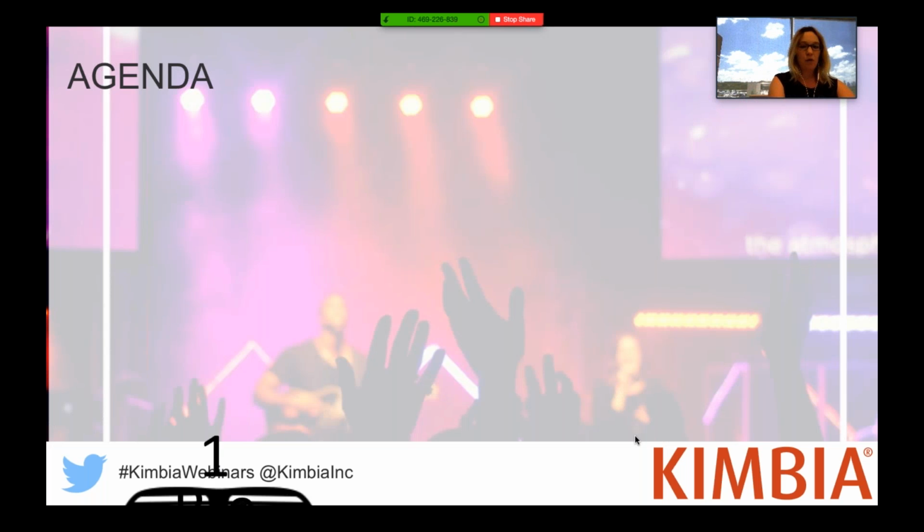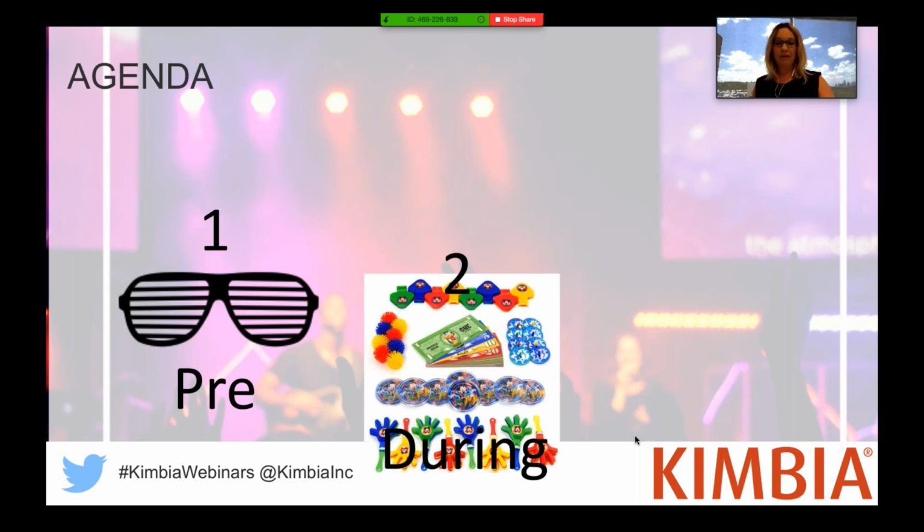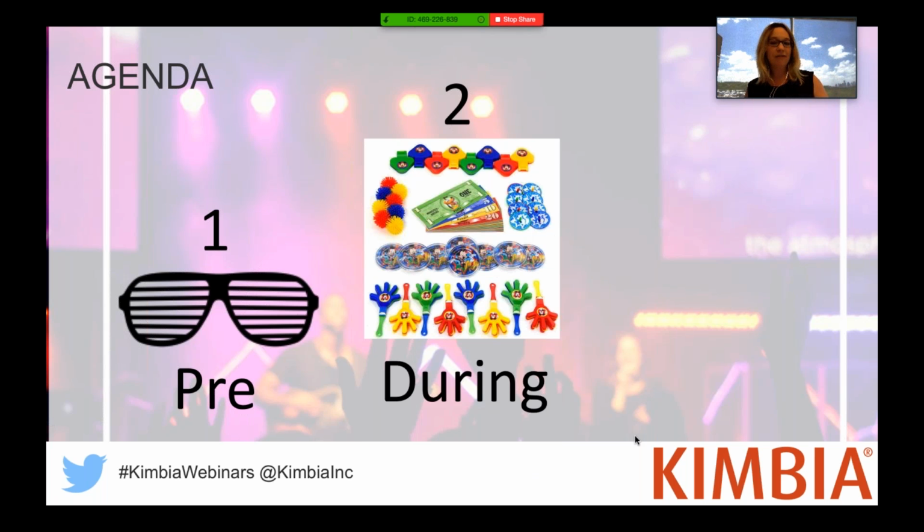Today I want to walk through some marketing ideas for pre-event planning and engagement, and things to do during the event. I think of pre-event as getting ready for a party, like picking out what you want to wear. During the event, you go, you're having a good time, there's rah-rah, and you're getting your party favors.